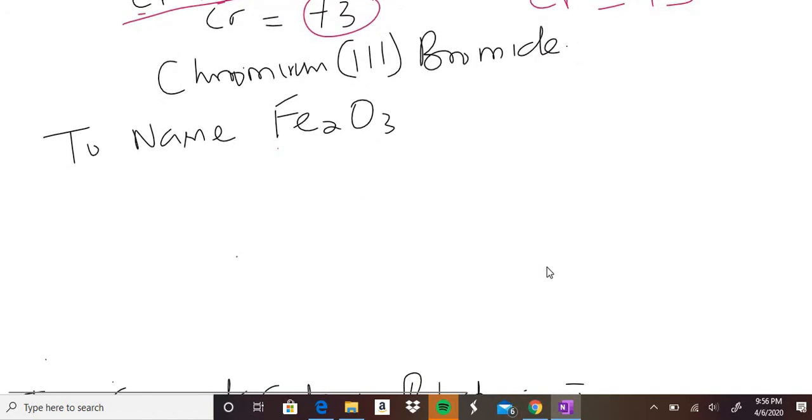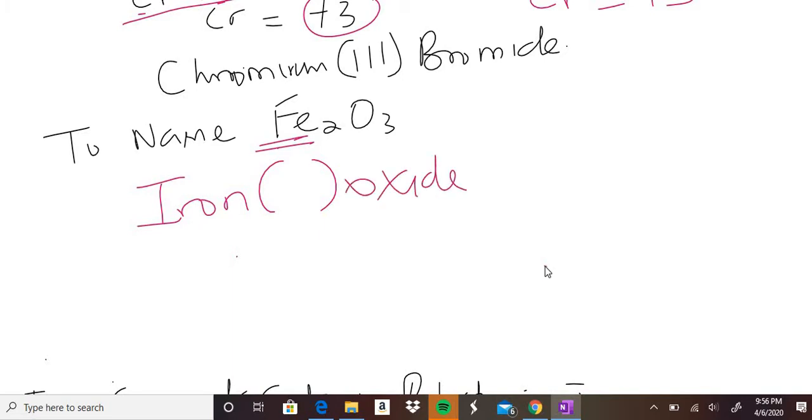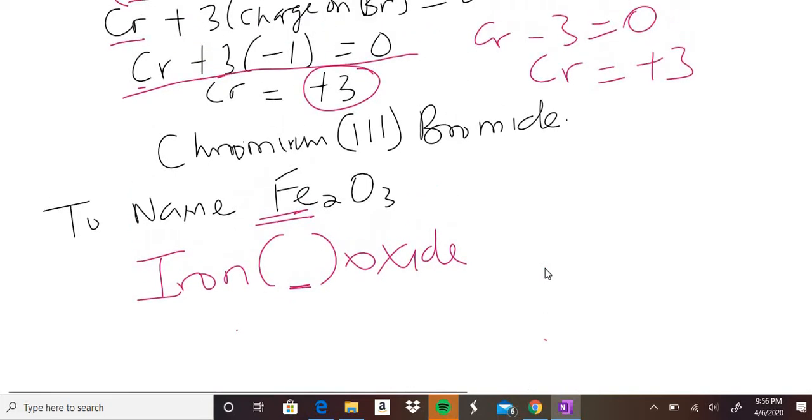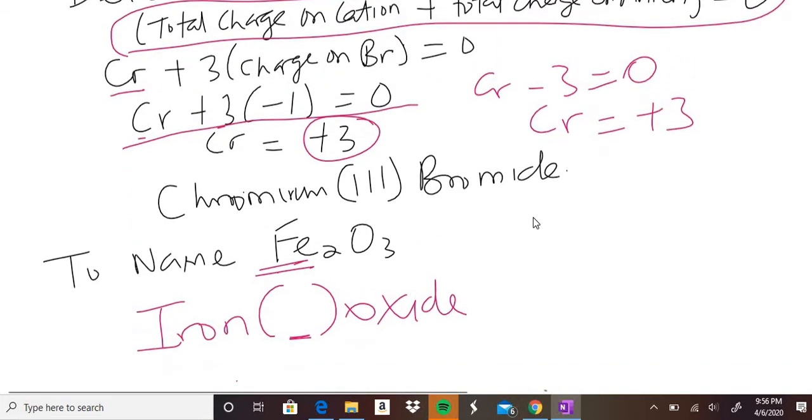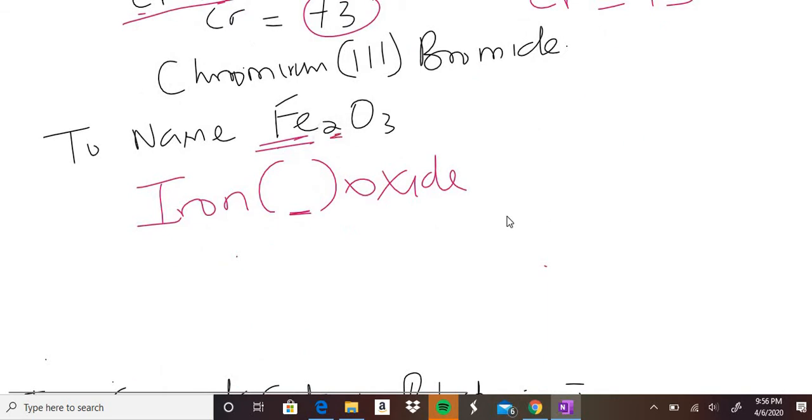Let's try this example again to name Fe2O3. Our Fe is type 2 metal. So Fe is iron. Because it is type 2, we need to place parentheses. This oxygen is oxide. So we need to figure out what Roman numeral should be in this parenthesis. Like we said, we go back into this. The total charge on the cation Fe, we have 2 atoms of Fe. We have 2 Fe plus 3 atoms of oxygen.